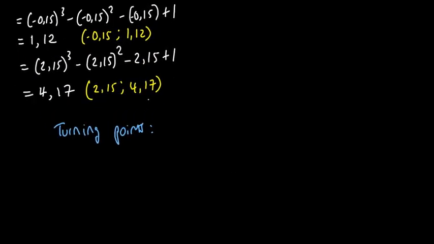So now, what are our turning points? Let's write here. Remember, we always need to list them before we sketch. So our turning points, we have them here. I'm just gonna copy them first. So our turning points, you have negative 0.15 and 1.12, then you have 2.15 and 4.17, good people.